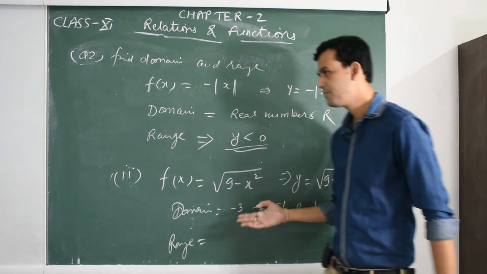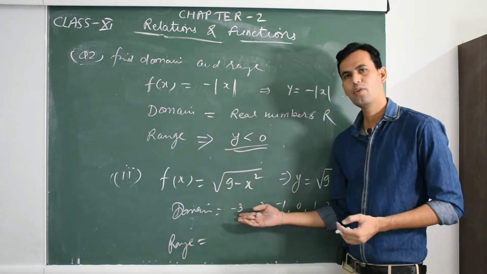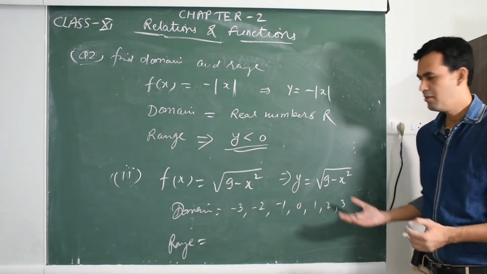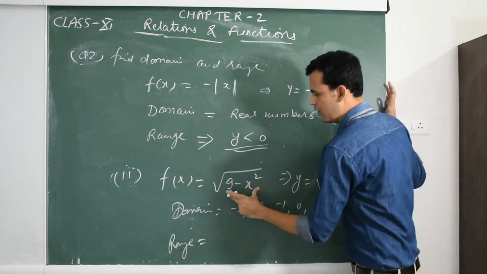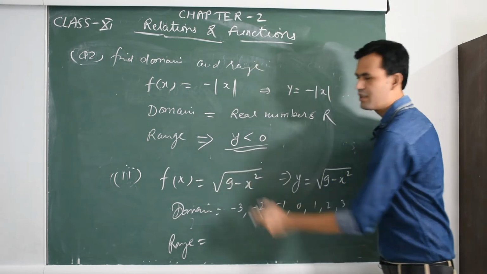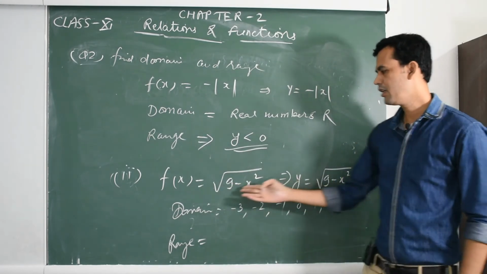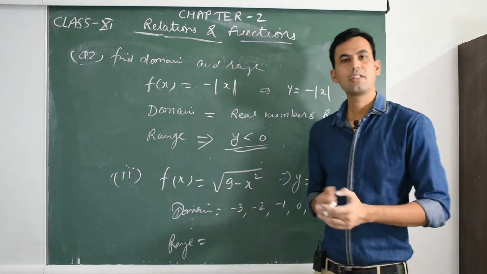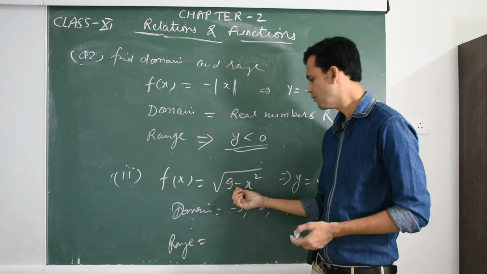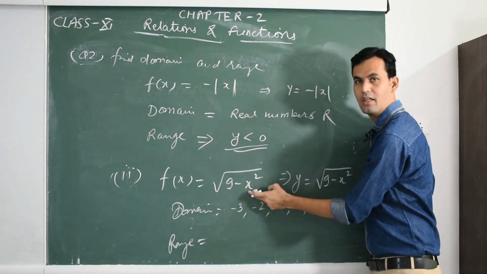Okay. Why? Because if we put minus 4 or 4, minus 5 or 5, minus 6 or 6, then we get a negative value in this square root. Okay. And if we get a negative value in the square root, then it is not a real number, it is a complex number. So we put minus 3, then we get 0.